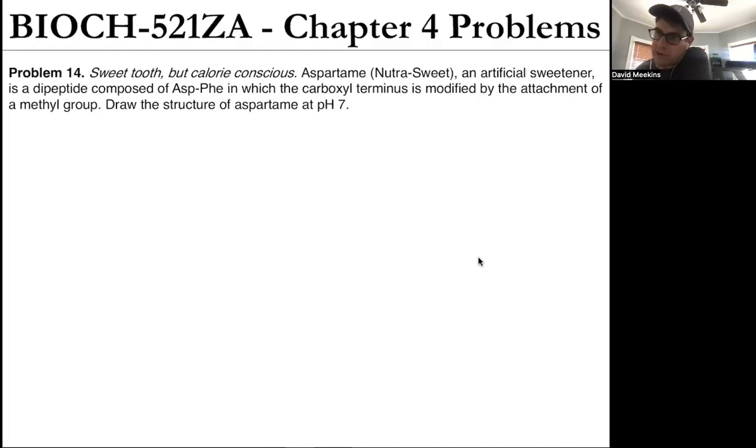So let's draw the structure of aspartame in its fully protonated form. It says that it's aspartate and phenylalanine. Well, let's start with the NH3 group. That's going to be protonated and carry a positive charge. Then we have a carbon. I guess I could draw the hydrogen.